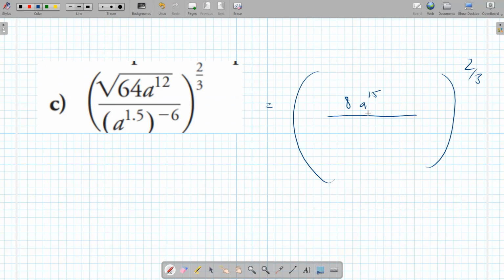What you do here is you rewrite it as a radical. 8a^15 to the power of 2/3. How do we write this as a radical? The cube root of 8a to the power of 15, squared, okay? You can do that first, or you can square them and take the cube root. I like doing it this way. What's the cube root of 8a^15?